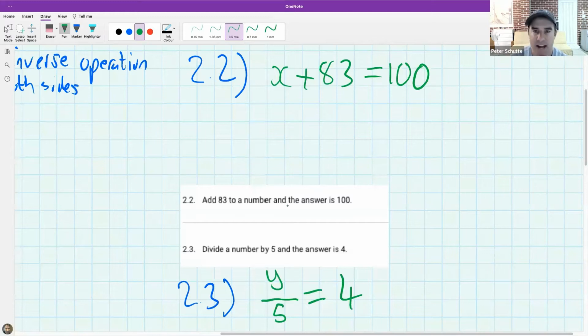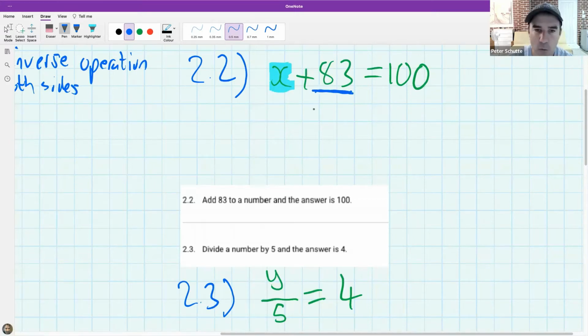Now, everyone, I want you to try and use my method where you have one step of working. In order for me to solve equation 2.2, I really want to get this X by itself. Now, some of you will see the answer straight away. I get that. But if you're using the method I'm showing you today, what you need to think about is what is the opposite of plus 83?